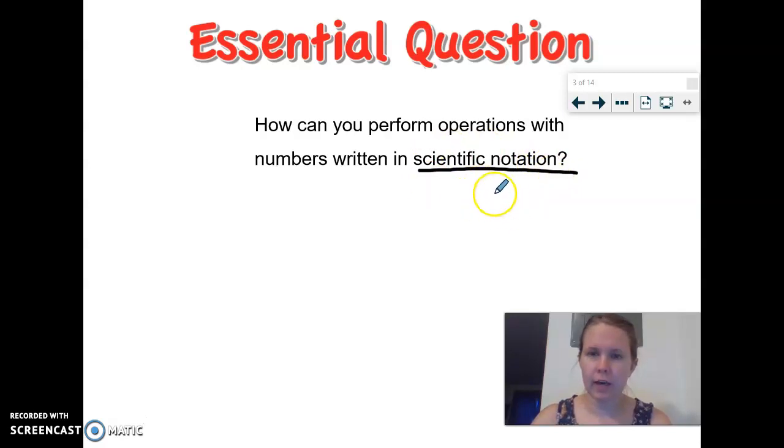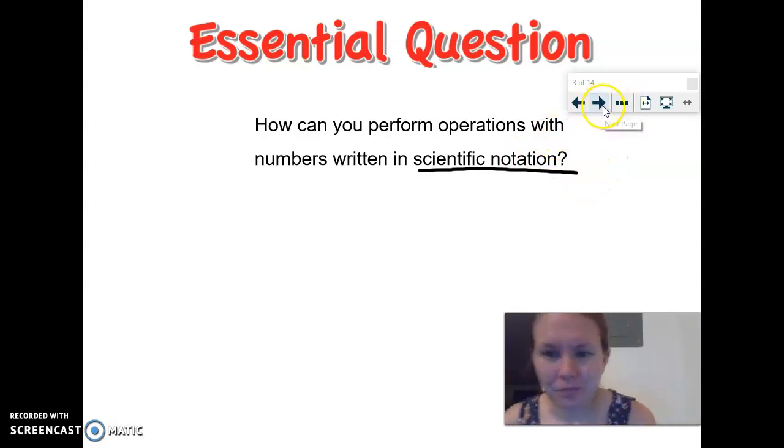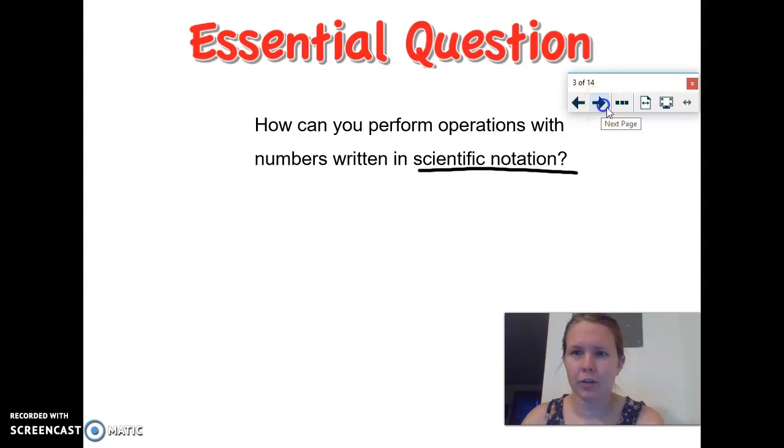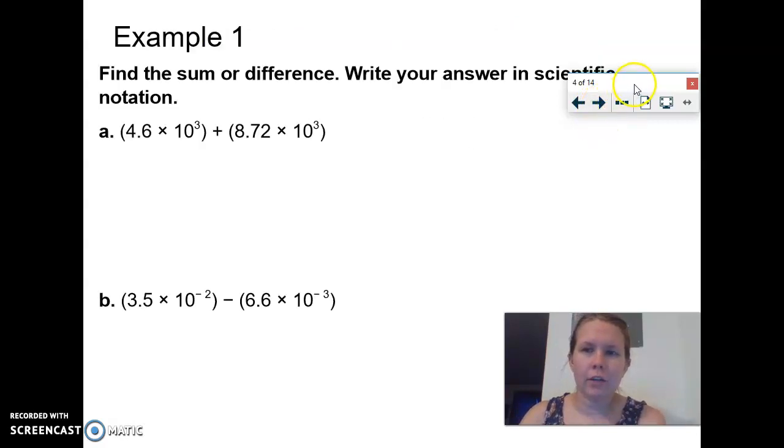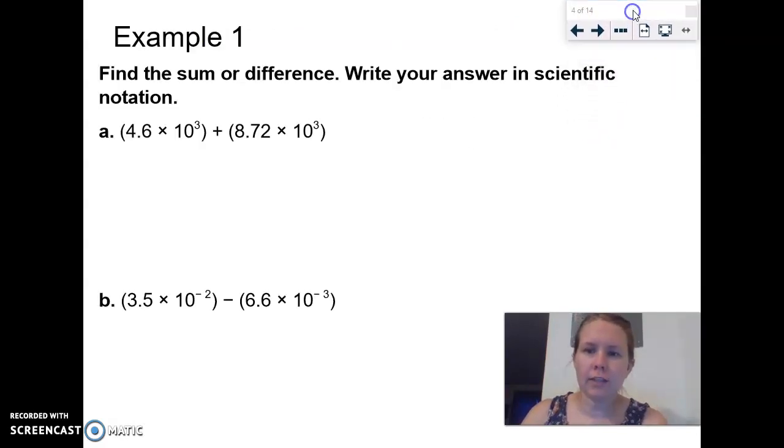You're going to see how we can add, subtract, multiply, and divide numbers in scientific notation using exponent rules, as well as our basic knowledge of addition, subtraction, multiplication, and division. There's no key idea for this, so we're just going to jump right in and do some examples to show you how to do these.